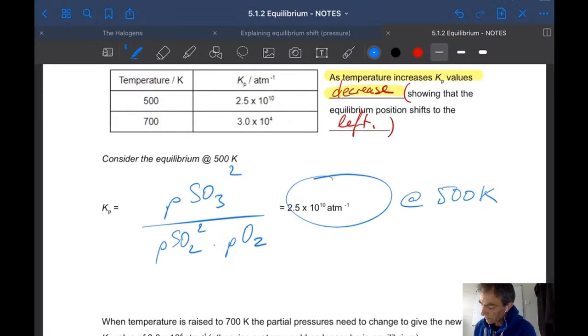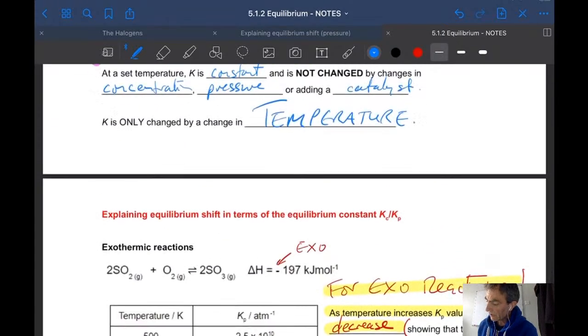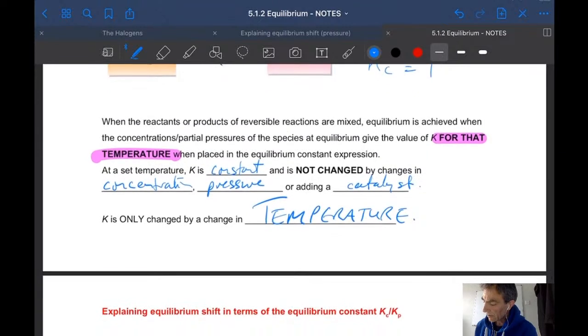So when the temperature is raised to 700 Kelvin, the partial pressures need to change to give the new lower value of Kp, which goes down to 3 times 10 to the 4. Remember what we said at the very beginning of this: equilibrium is achieved when we have the K value for that temperature.